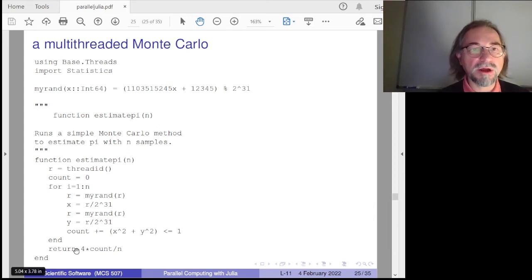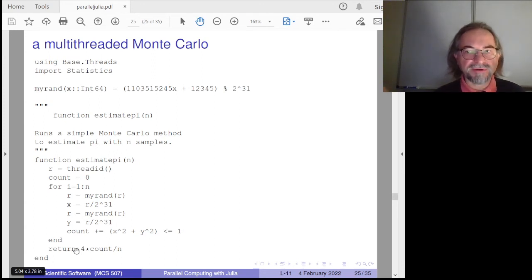We have our multi-threaded Monte Carlo. What I did here, I built my own random number generator, because when a random number generator generates a random number, it has a state.